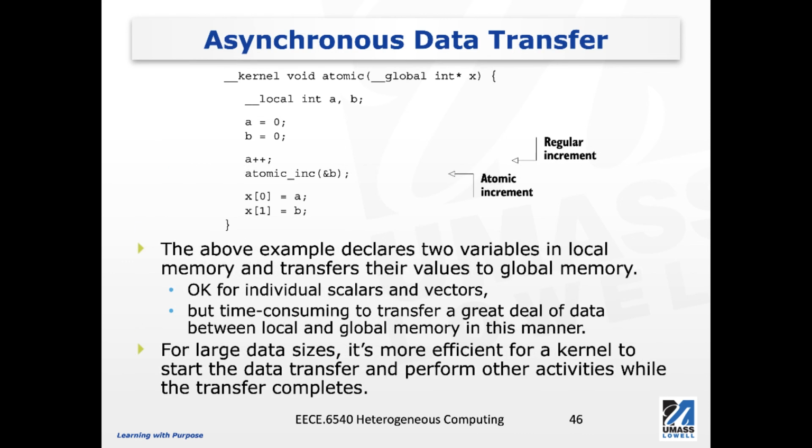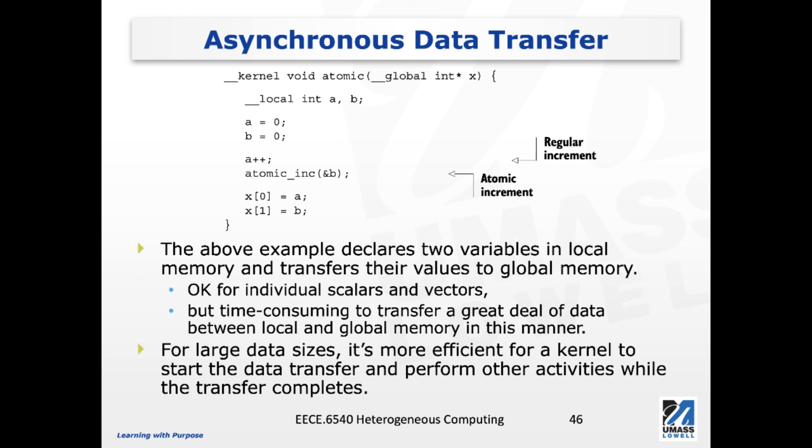Here we show the earlier example again, where we increment two local variables. One is using atomic increment, the other one used regular increment. In the above example, we declare two variables in local memory, and then after increment, we transfer their values to global memory.